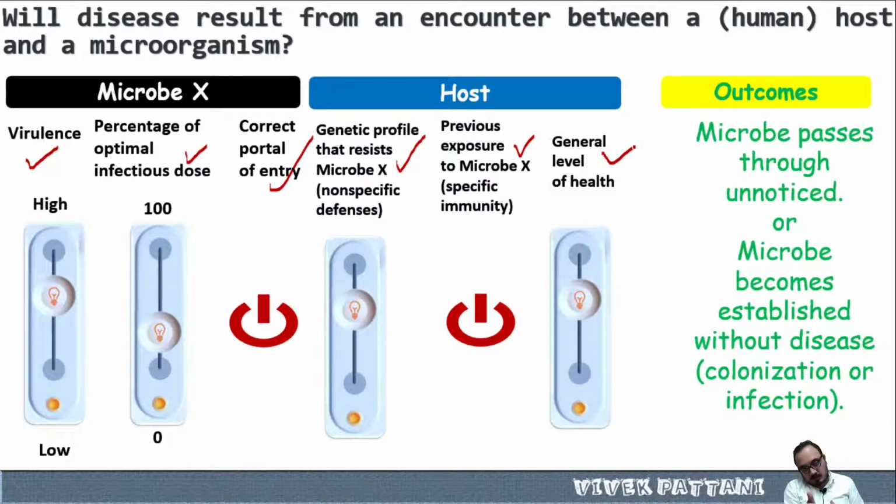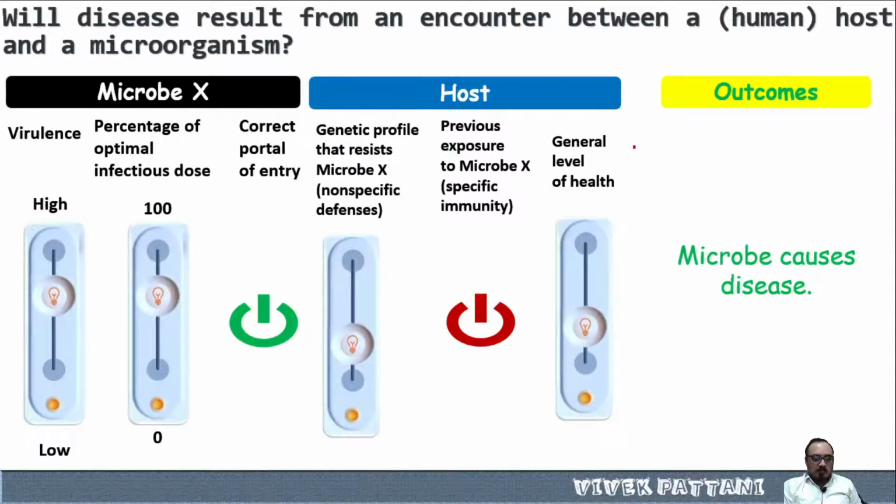The genetic profile also resists the disease, and as the immunity level is very good, it may also resist the disease. So again the same outcome: the microbe passes through unnoticed, or the microbe becomes established without the disease.